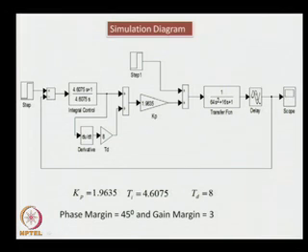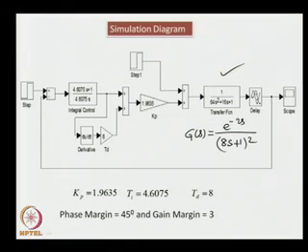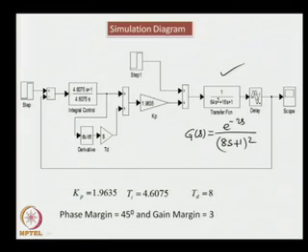Let us assume the process dynamics to have the form G(s) equal to e to the power minus 2s upon (8s plus 1) square. So, we have got a second order process with repeated poles located at minus 1 upon 8 and with a delay of 2 seconds.